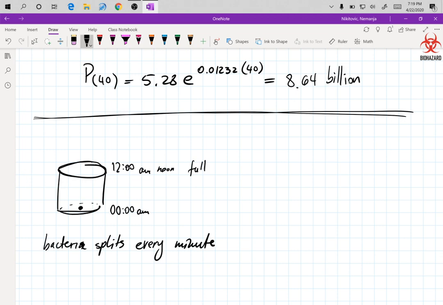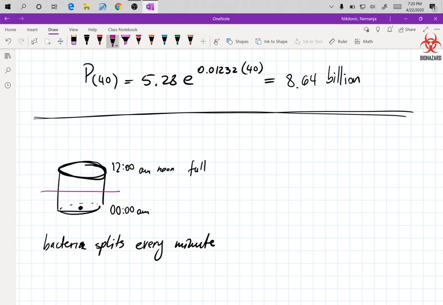The question is, at what time will the glass or the jar or whatever be half full? So we are starting at midnight. A lab researcher places a single bacteria that splits into two every minute. So puts one at midnight and walks away, comes back at noon, 12 hours later, and the dish is full. At what time did you have half?